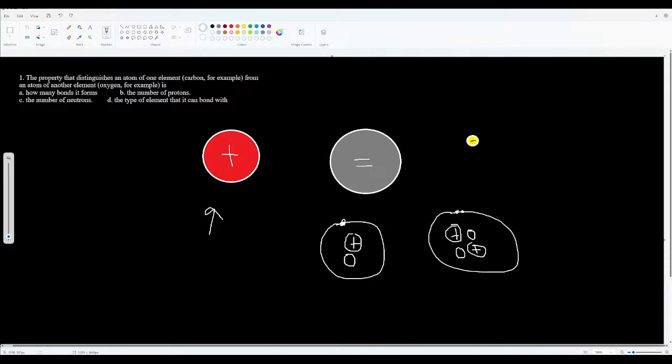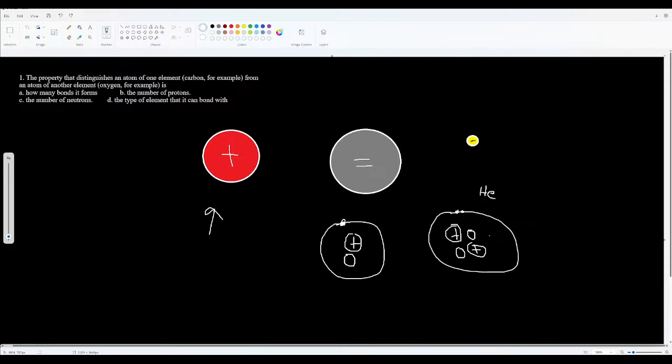What a neutron does is it balances out the weight, and it balances out the charge within the nucleus. So look at this helium atom. Helium has 2 protons. But as you know from playing around with magnets, opposites attract and things that are similar repel each other.